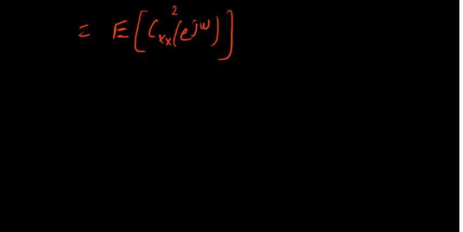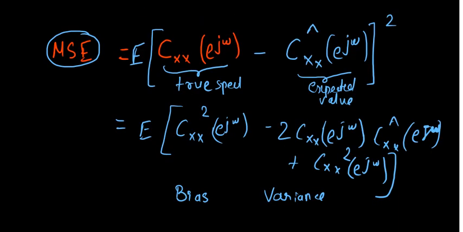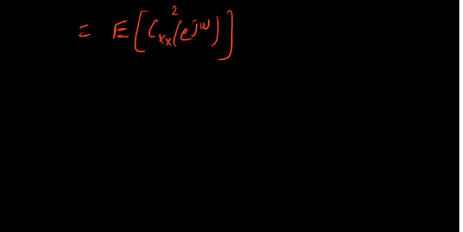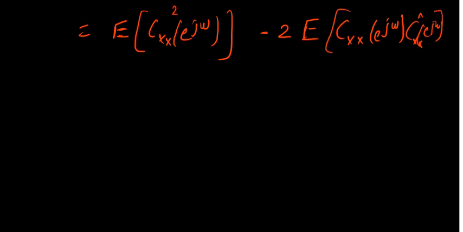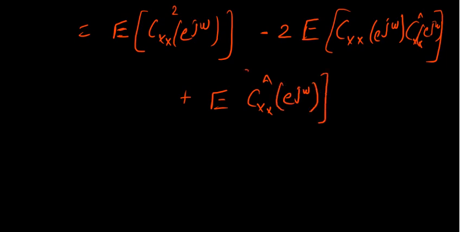Then we will have minus twice the expected value of Cxx(e^{jω}) times Ĉxx(e^{jω}), so it's the entire expected value, and at the end we have the expected value of Ĉxx(e^{jω}) squared, of course. So we are just applying expectation to individual terms.